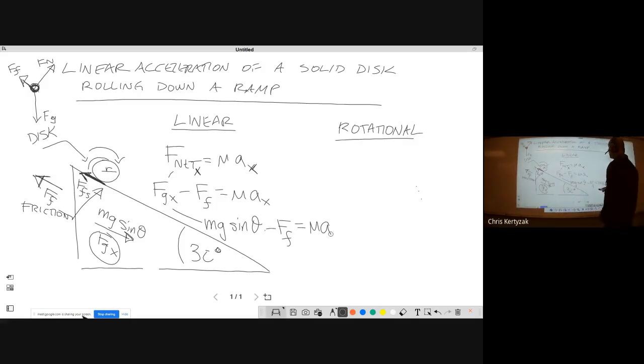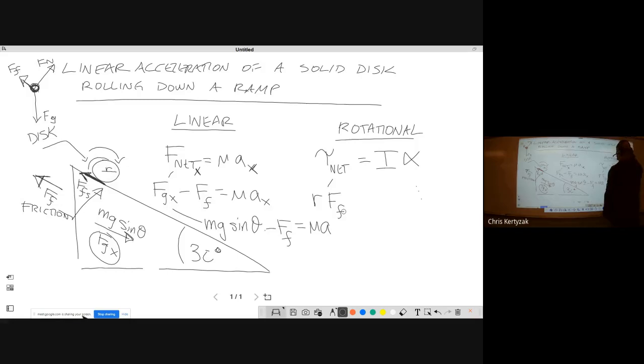Then when we turn to the rotational aspect of this problem, we would try to model this using the similar formula we use for rotation. It's also Newton's second law for rotation. At this point, you know that. Remembering that in this case, we would write torque as R times the friction force.